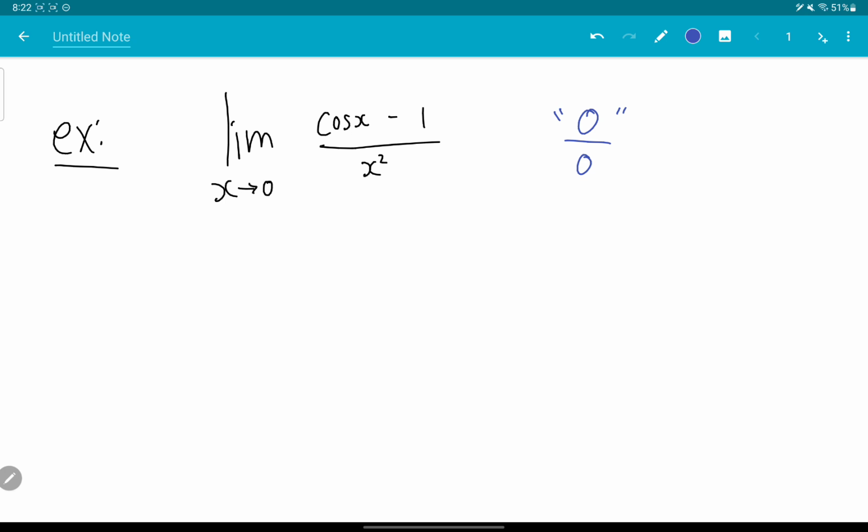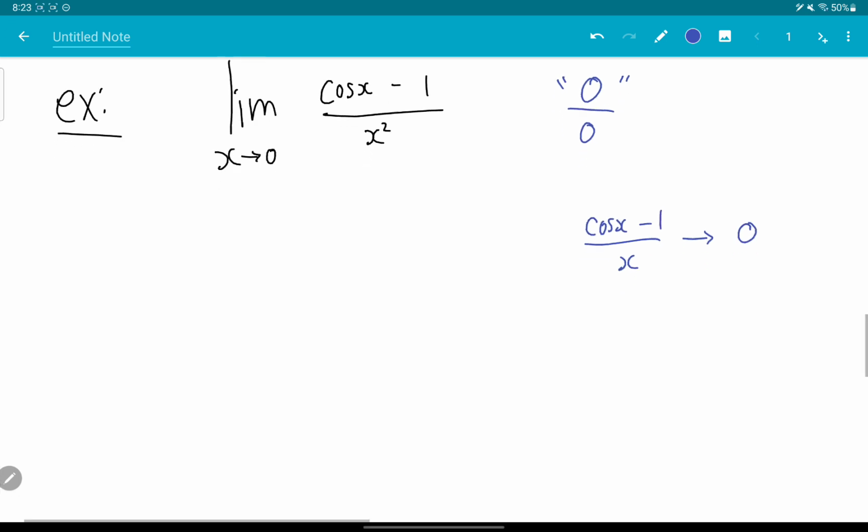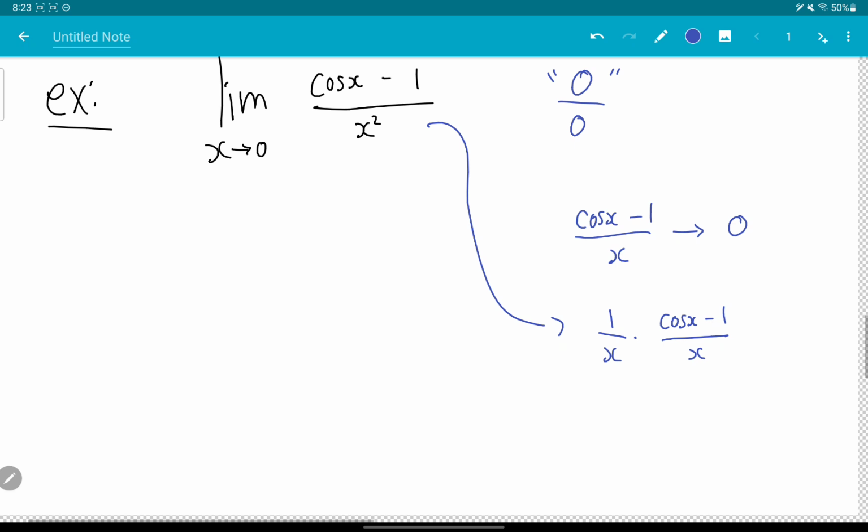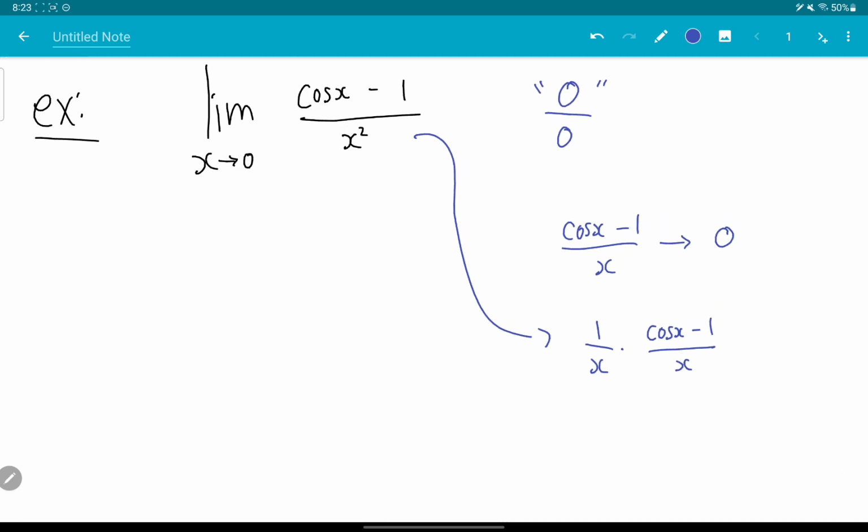Now I have this formula. I know that cos x minus 1 over x is going to go to 0, but that's not going to really help me here, because this guy can be factored like this, where I bring out the x here, trying to force this expression to appear.